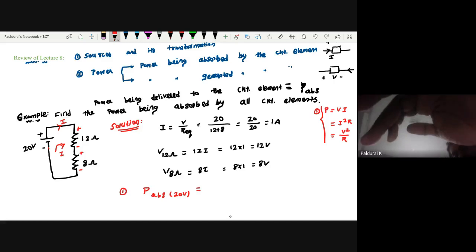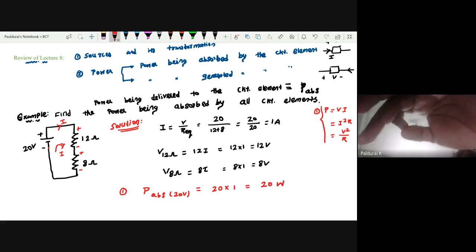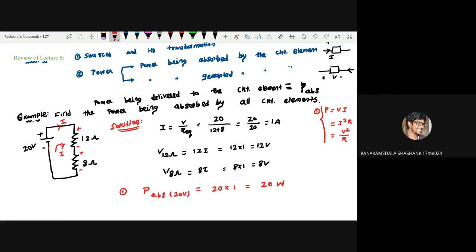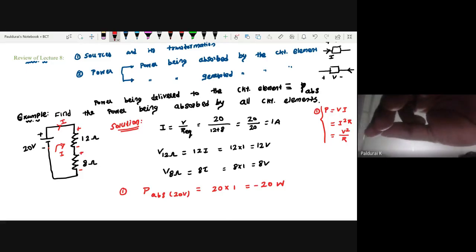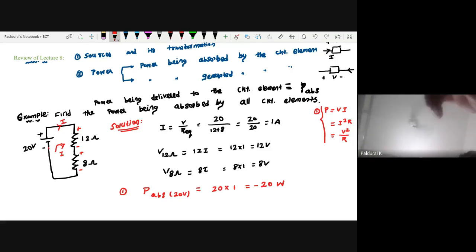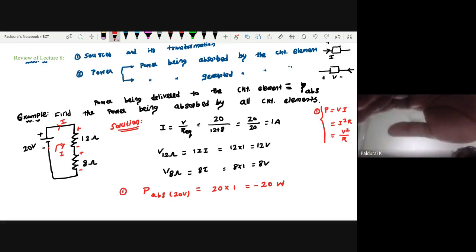Power equal to V times I, where V equals 20 and I equals 1, which is equal to 20 watts. Is it absorbed power or delivered power? It's delivered power, sir. Very good. But here they are asking for absorbed power, so it becomes minus 20. Suppose they ask to find the power being delivered by all the circuit elements, at that time it becomes 20. So please keep it in mind.